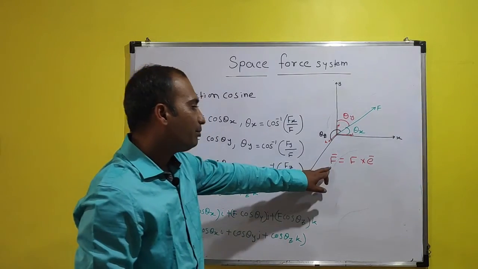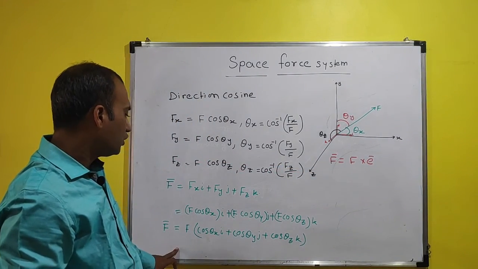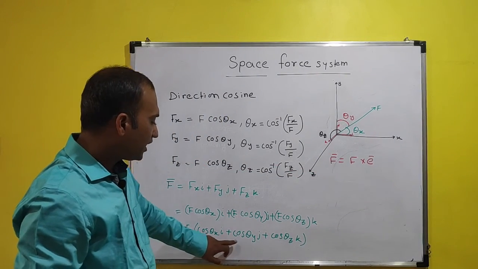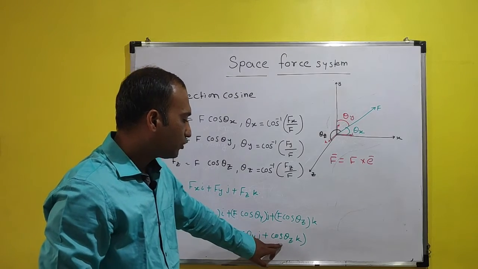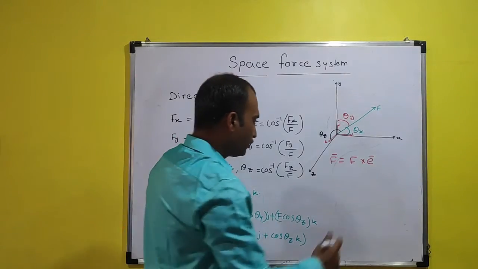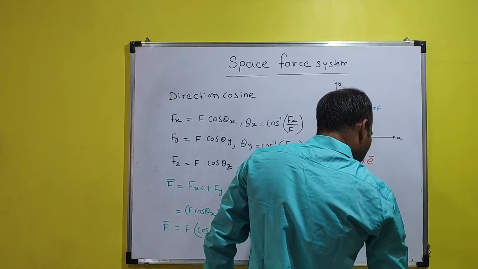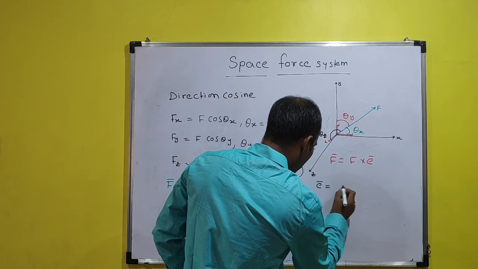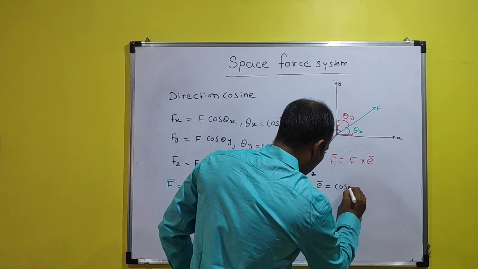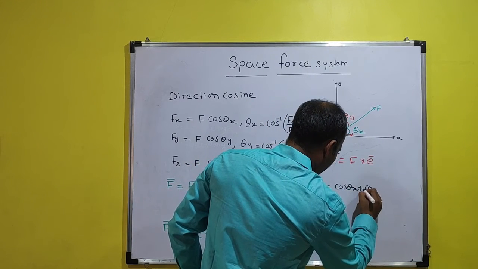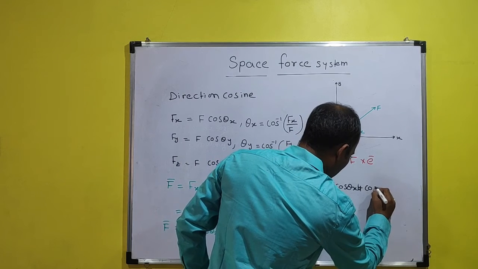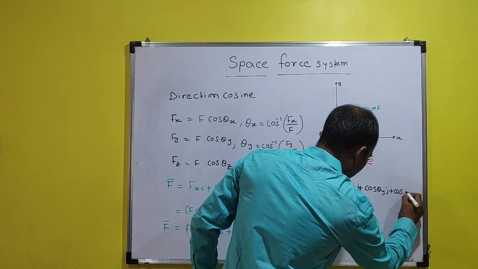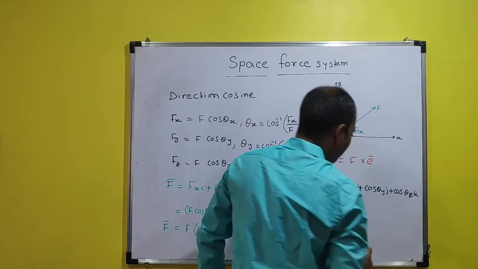So by comparing this equation with the previous one, we can see the unit vector is equal to cos theta x i plus cos theta y j plus cos theta z k. So we will write that.